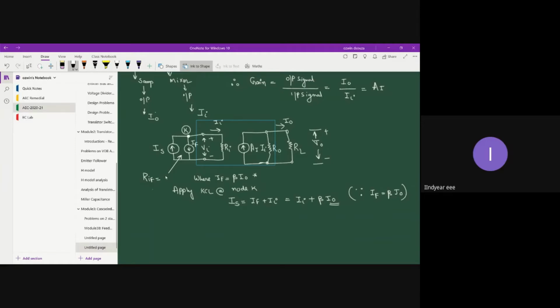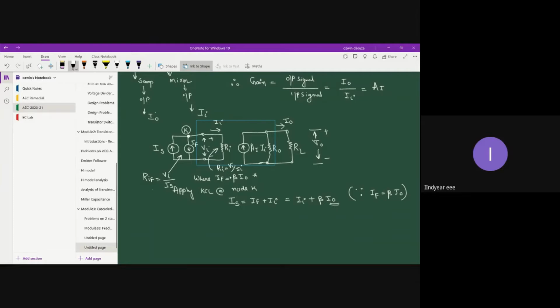So RIF is VI divided by IS. On the other hand, the input resistance of amplifier is Ri equal to Vi divided by Ii.